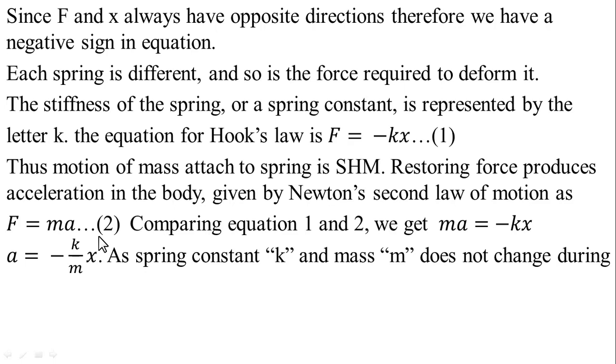Now comparing equation 1 and equation 2, the left hand sides are equal, so the right hand sides are also equal. Then we have ma is equal to minus kx. Here m is multiplied, on the other side it will be divided. So a is equal to minus k over m times x.